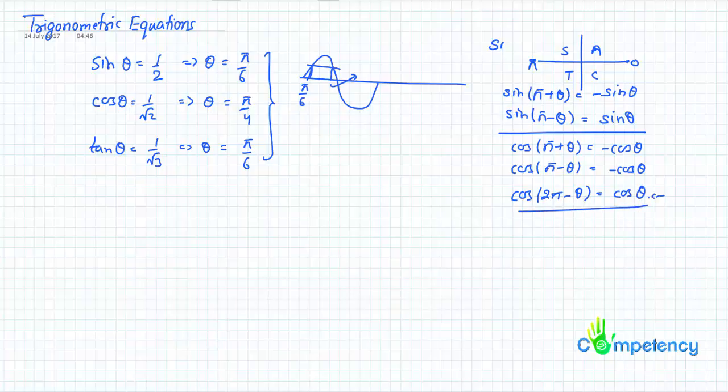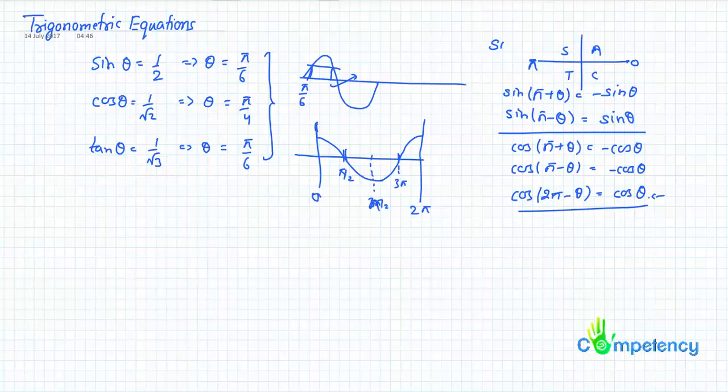And this we can actually see in the graph of cos. So in the graph of cos, this is the cos graph. So you can see that this is 0, this is 2 pi, and this will be pi by 2, pi, this one is 3 pi by 2, and finally 2 pi.